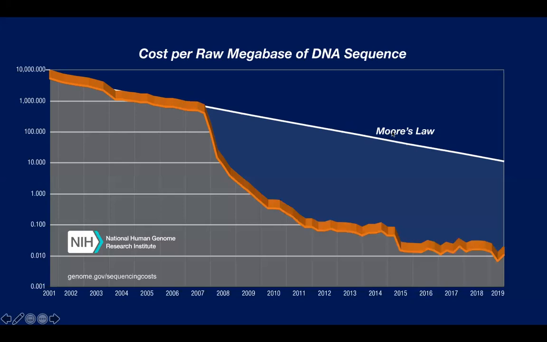And it actually followed Moore's law, which is a principle that was established in computer science that basically says that the amount of processing power that you can buy for the same amount of money basically doubles every year or every 2 years. I forgot what the actual number is, but it's basically an exponential decline in costs per sequencing or computing power.